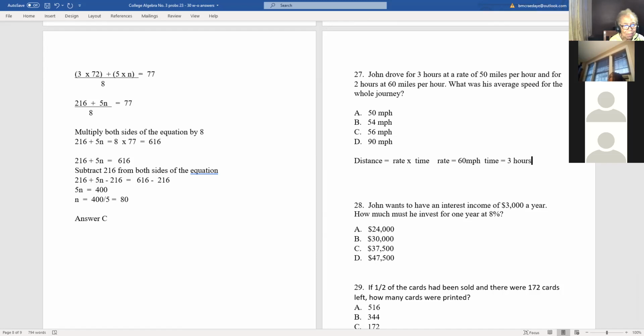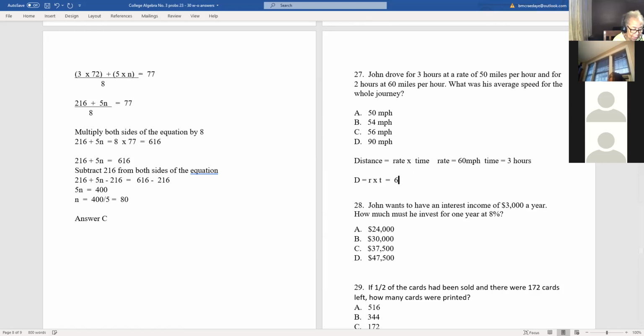Do you add 50 plus 60? No. What did I say distance was? Let me just put here: D equals R times T. That's rate. So what is my rate? Per hour, 60 miles per hour.